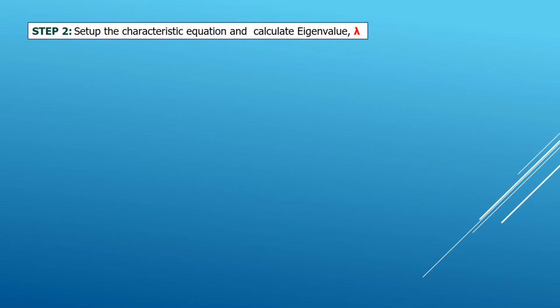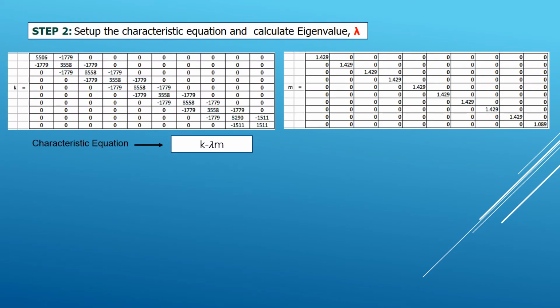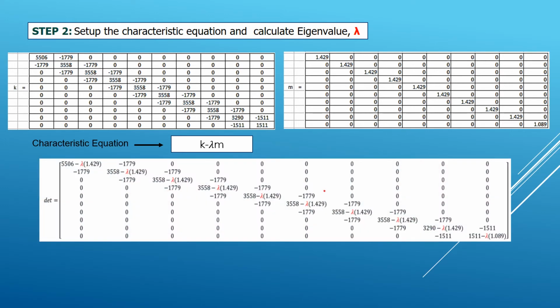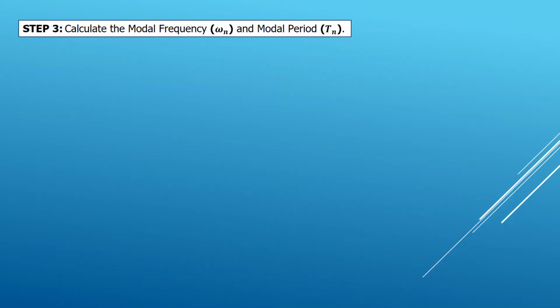So, step 2, set up the characteristic equation and calculate eigenvalue. To calculate the eigenvalue, we have characteristic equation k minus lambda m. By that, we can determine the eigenvalue of each mode. Step 3, calculate the modal frequency and modal period.